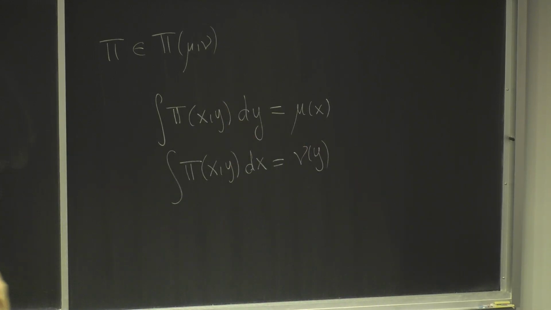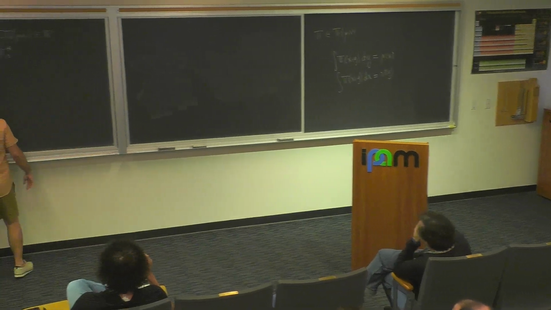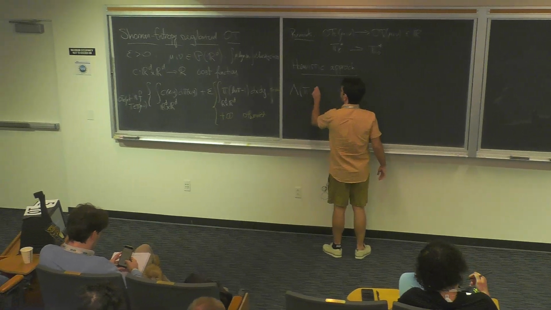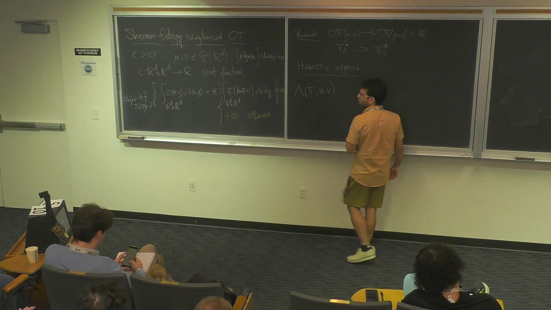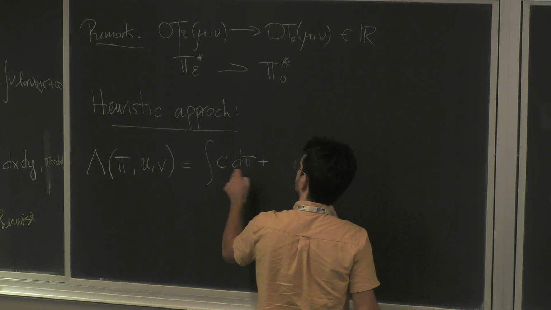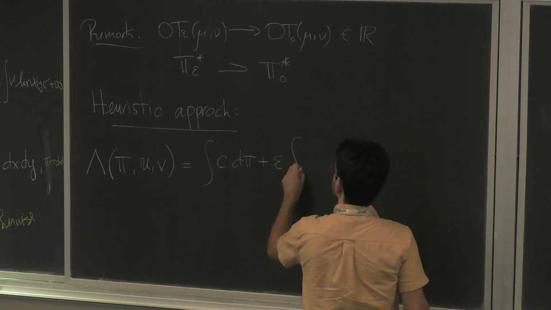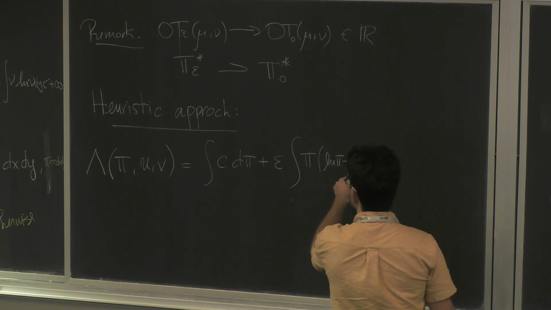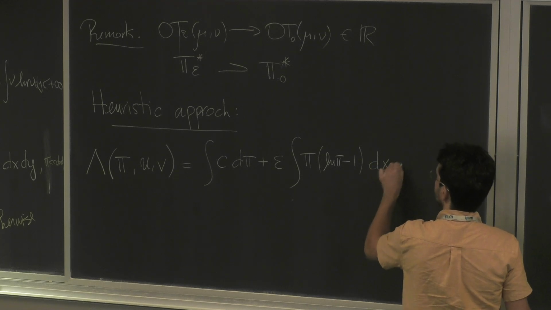Okay, so let me write the Lagrangian. This Lagrangian is going to depend on pi, and on two Lagrangian multipliers that I'm going to call u and v. First, I'm just going to write the integral of c pi, the Shannon entropy, and you are going to see in one second why I like this minus 1.